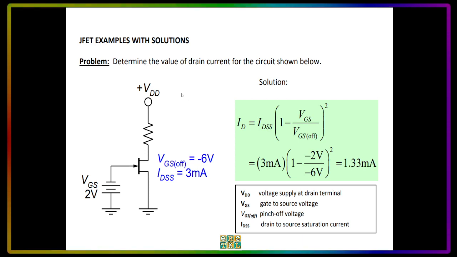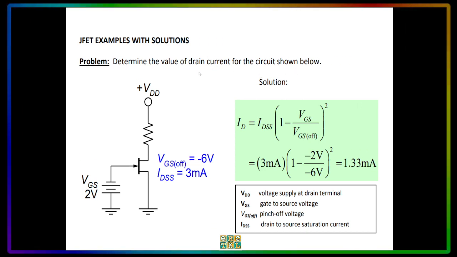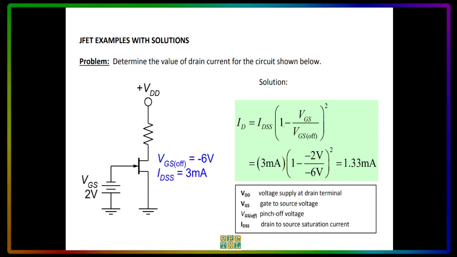Let's say we want to determine the value of the drain current for the circuit below. When we say drain current, it means we want to know the ID. The formula that we will be using is IDSS multiplied by (1 minus VGS divided by VGS off) raised to the second power.